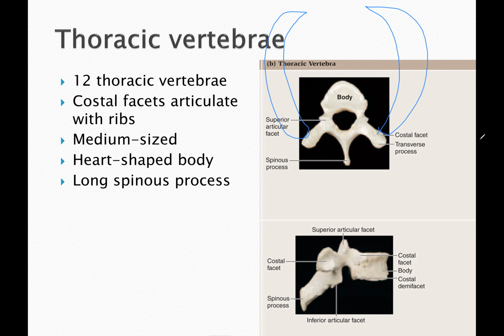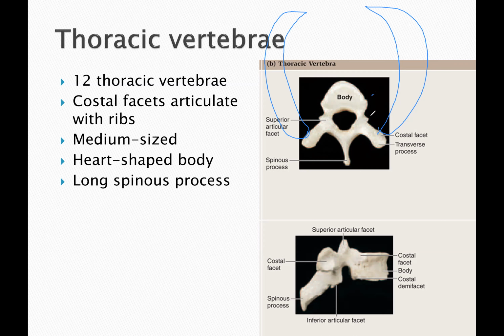So you have 12 thoracic vertebrae, and you'll have 12 pairs of ribs. Each of the ribs will attach to one of the thoracic vertebrae through the transverse process.